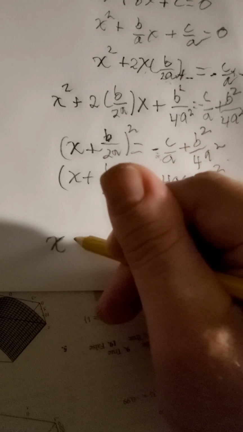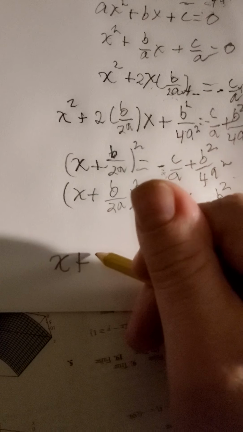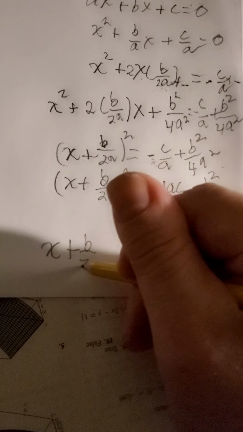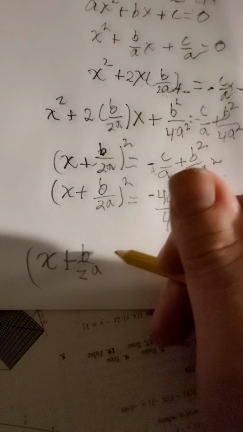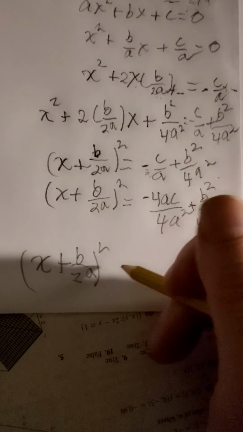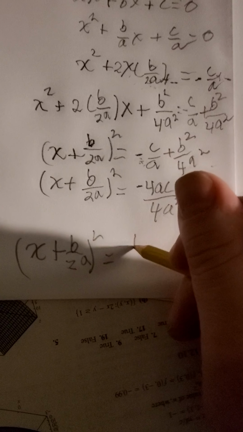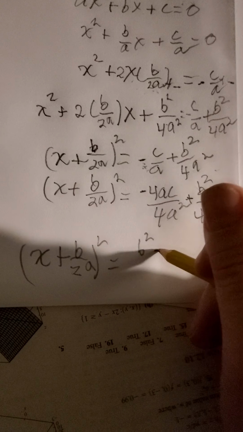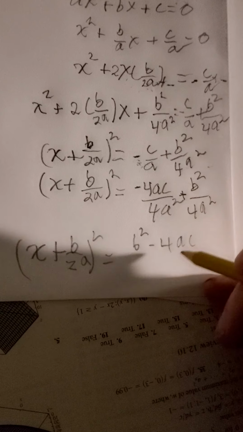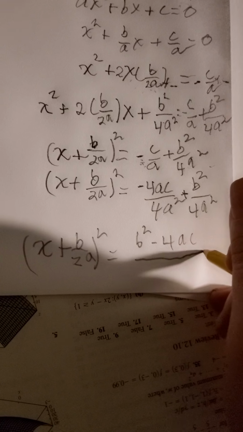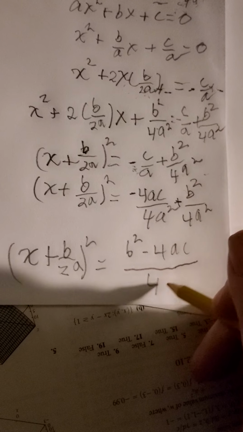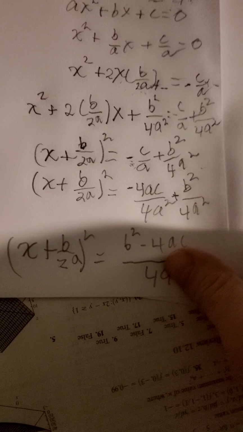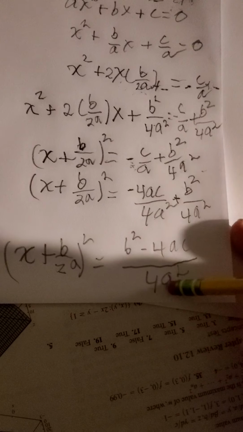That's nice because now I can write this as x plus b over 2a quantity squared equals b squared minus 4ac divided by 4a squared. It looks like a 9, but it's an a.